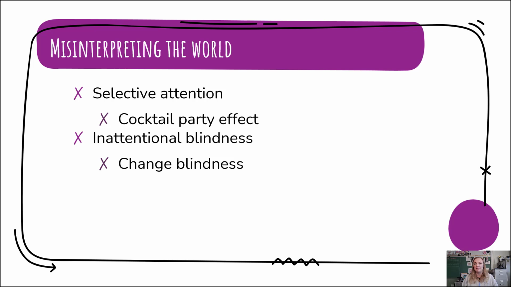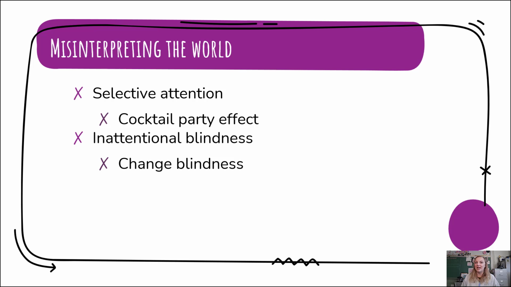You're in the middle of a conversation. This is an example of the cocktail party effect. You can focus only on that one auditory piece of information and block out all of the other auditory information. This is a specific example of selective attention.